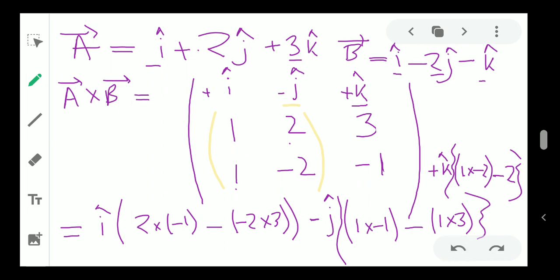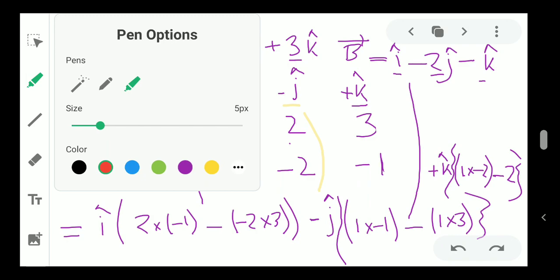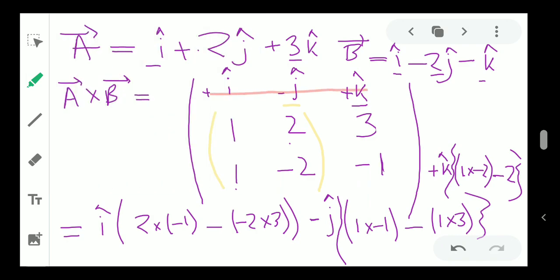When I am considering K, I have to do this much. That means when I am considering K, my whole this part I am neglecting. When I am considering J, the whole this part I am neglecting, and when I am considering I, the whole this part I am neglecting. So I am doing only this much.